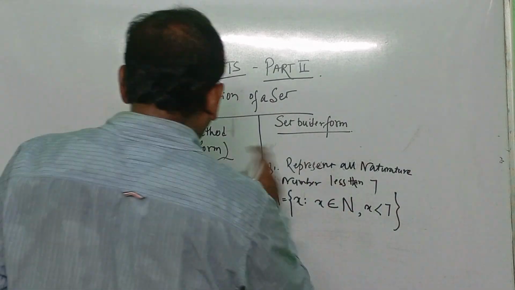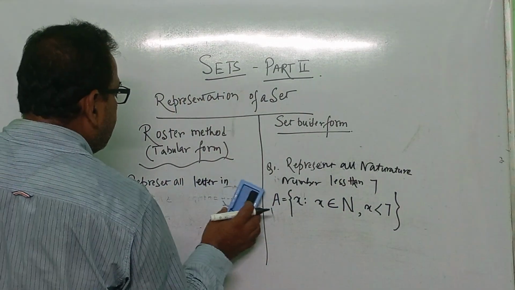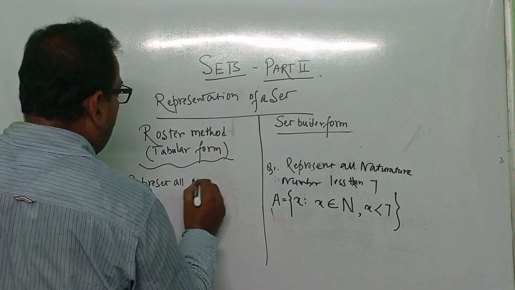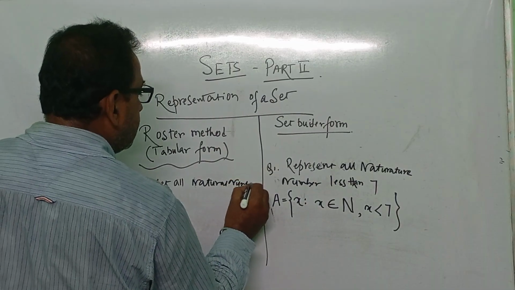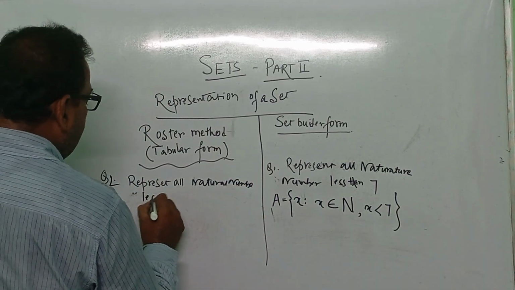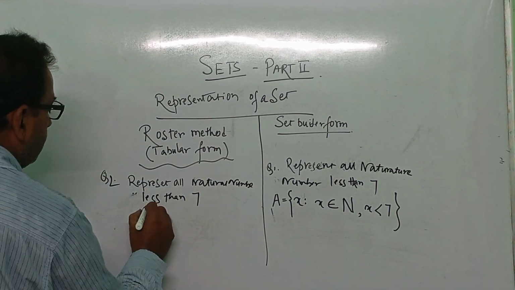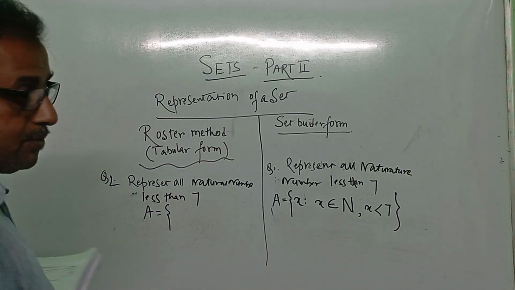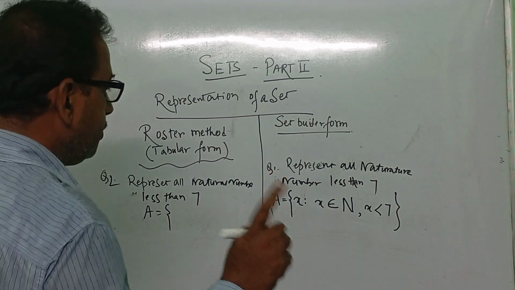Now if we take the same thing right over here, represent all natural numbers less than 7, how do we read that? The natural numbers do not start with 0.